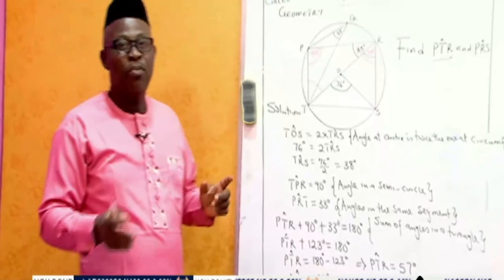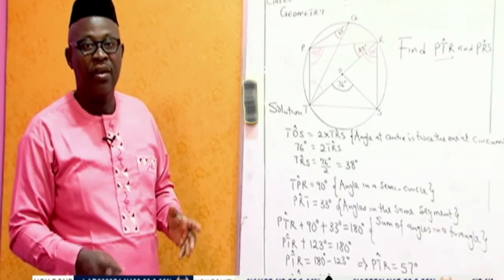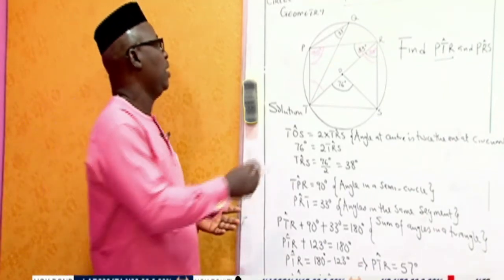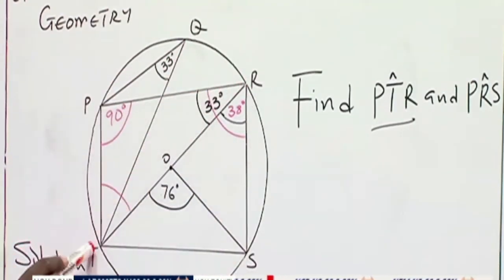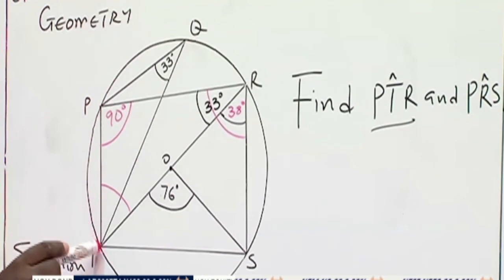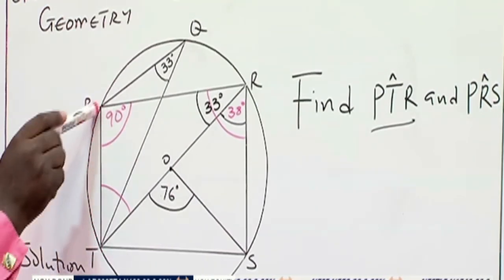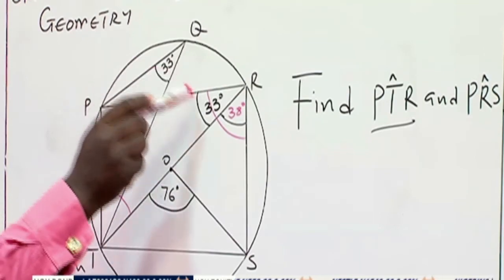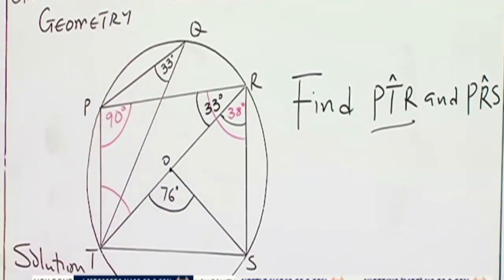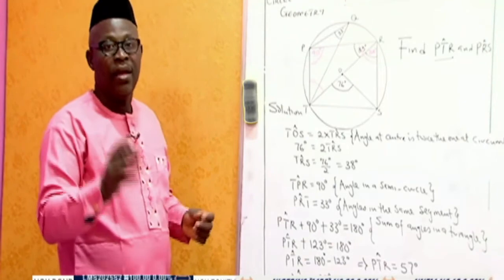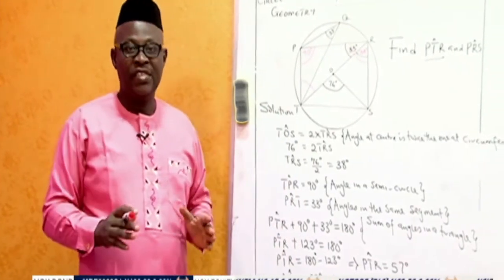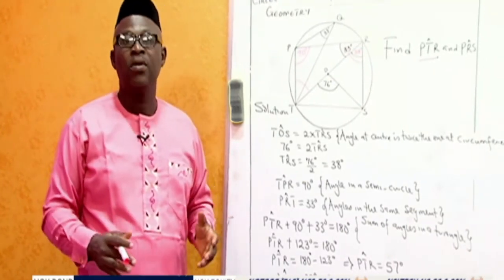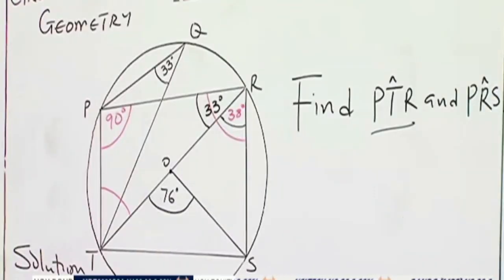I was also able to figure out the fact that we have angles in the same segment. If you look at this angle PQT and angle PRT, both of them are projected at the circumference by the arc PT. So they are meant to be equal because they are angles in the same segment. And likewise, we look at this diagram, you will see the angle which an arc of a circle subtends at the center being twice the one it subtends on any point on the circumference.